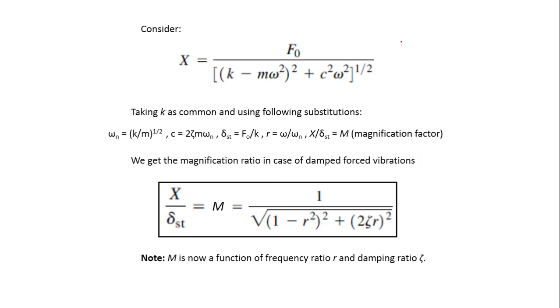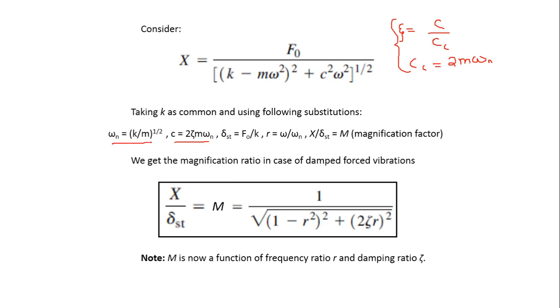Okay, because we know that zeta is equal to C upon Cc, whereas Cc can be written as twice mass times omega n. So using these definitions, we can say that C is equal to 2 zeta m omega n.